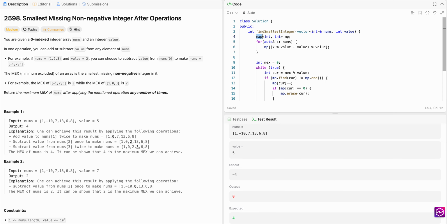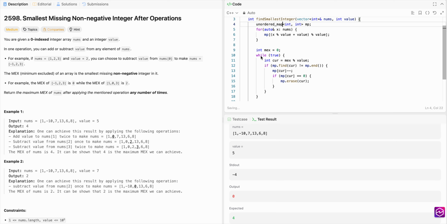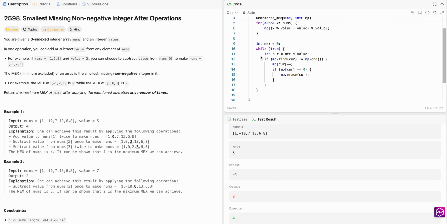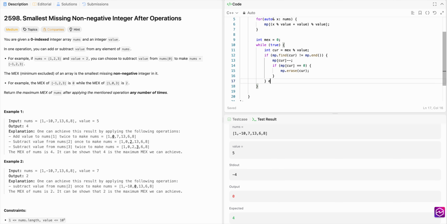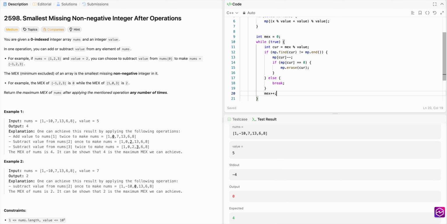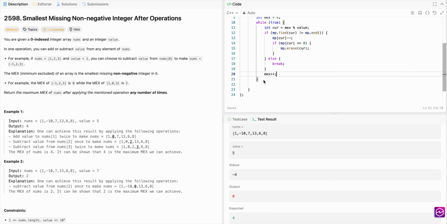We can also make this unordered. So yeah, we are going to do it like this, and then else we just break out of the loop. And if that is true, then obviously we did the operation, so we'll increase the max, and then we can just return the max.